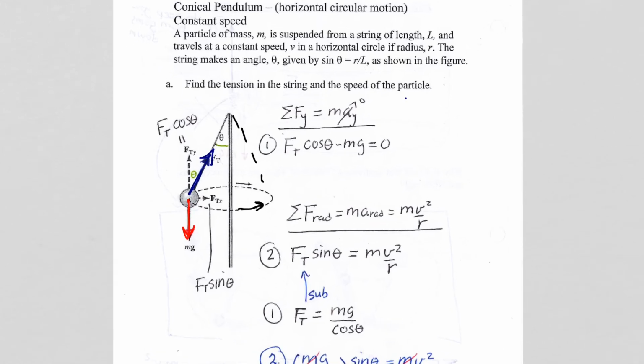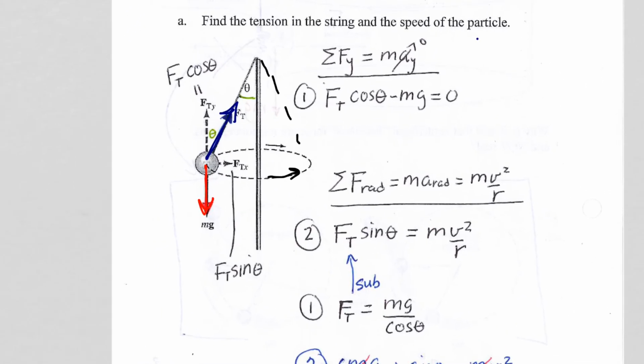The angle theta up top that it makes with the pole is the same as the angle theta here. So we get a tension sine theta radially inward, and we need a radially inward force always for circular motion. We also have a tension cosine theta up, balancing gravity going down, so that's why the tetherball will not move up or down.